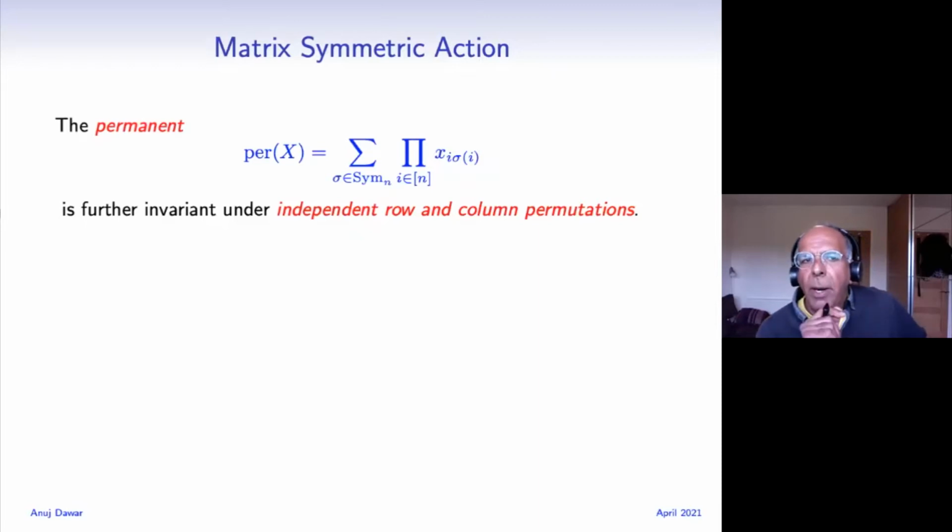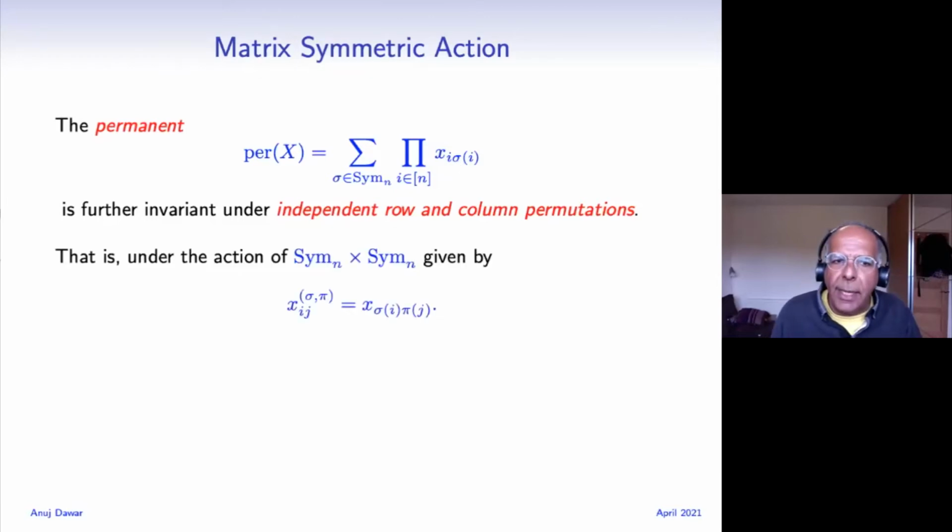If you look at the permanent, this actually has certain further symmetries. I can actually apply a permutation to the rows and a completely different permutation to the columns, and I still don't change the permanent, right? Because this is the sum over all sigma of the product x_{i,σ(i)}. So, I mean, just composing sigma with another permutation all through doesn't change the permanent.